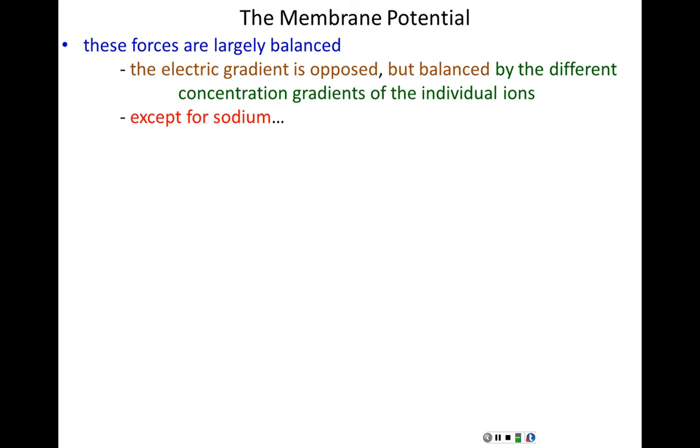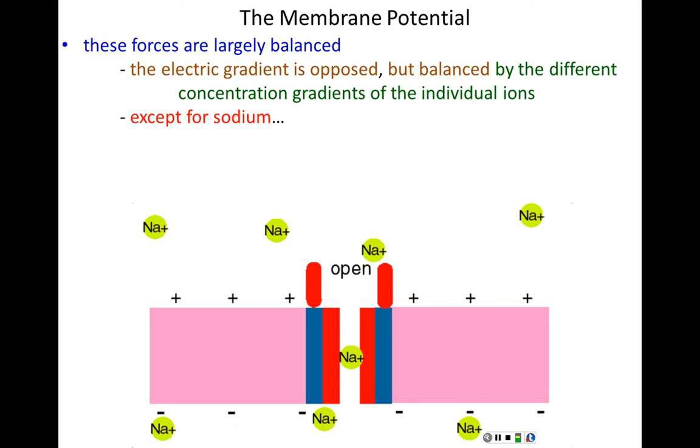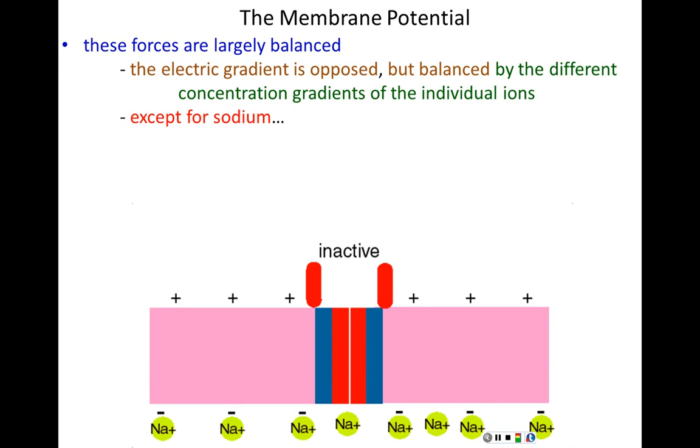That's true for every single ion except for sodium. As we saw before, sodium has a concentration gradient that is pushing it into the cell. Sodium has an ionic gradient that is pushing it into the cell. In fact, the only thing that keeps sodium from moving is the fact that it cannot cross the lipid bilayer. It requires a channel.